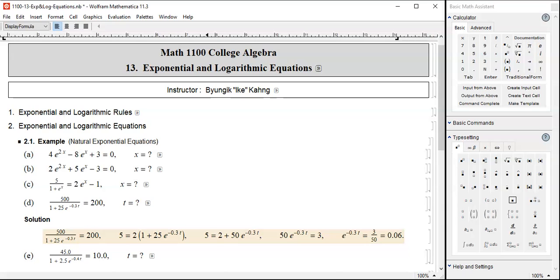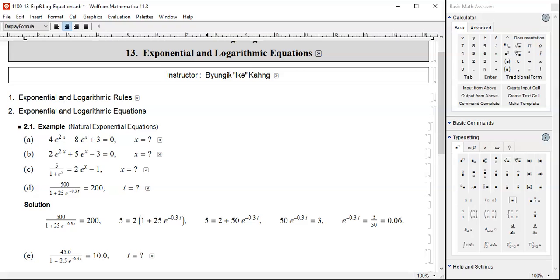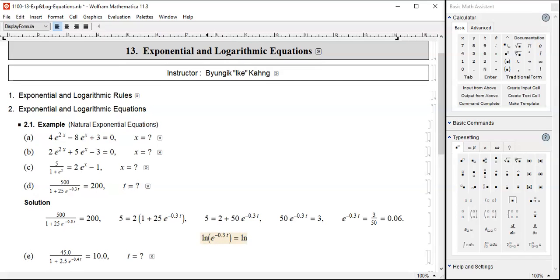Now we identified the exponential. How to find t? I have to remove this exponential by taking the inverse function. So how do you do that? We take the natural logarithm of both sides. Log and exponential cancel each other out, equals log of 0.06, and we're almost there.